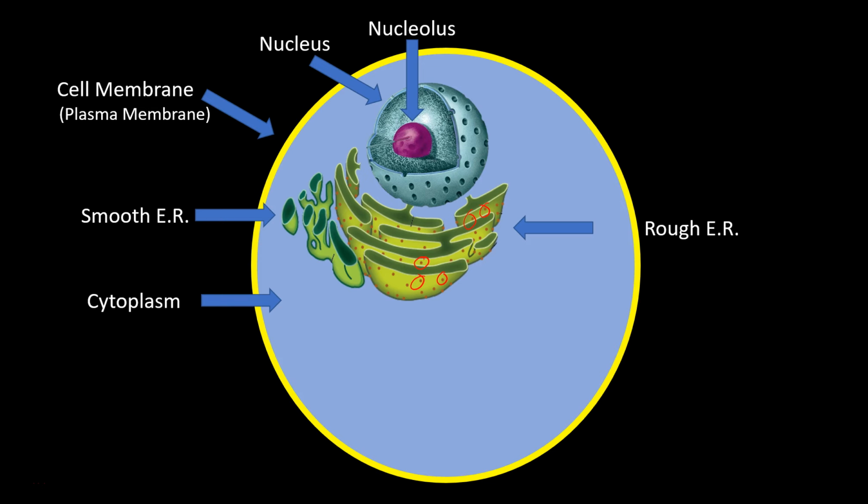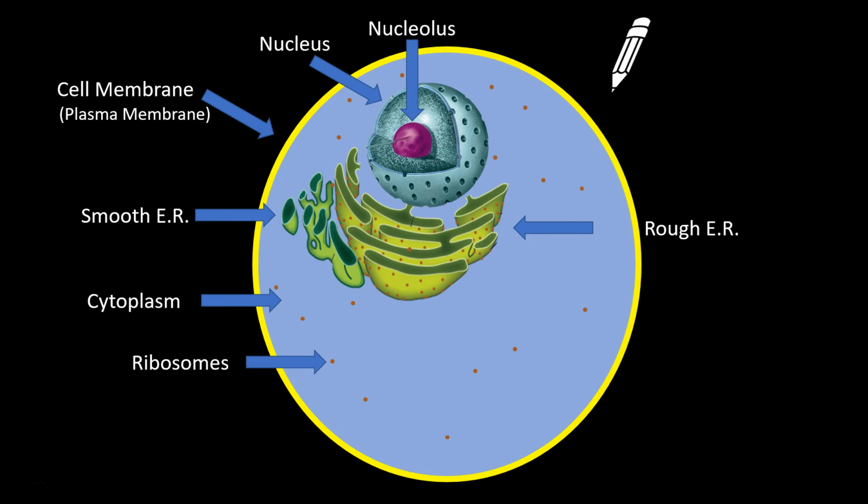What the smooth ER does is it creates lipids and removes toxins. And lastly, we have ribosomes. Ribosomes are found both free-floating in the cytoplasm and attached to the rough ER. What ribosomes do is they create proteins.